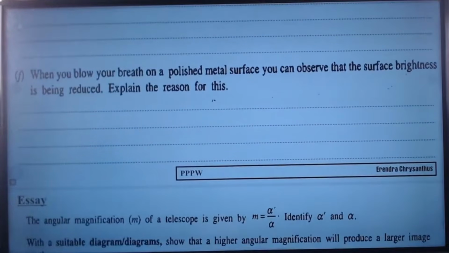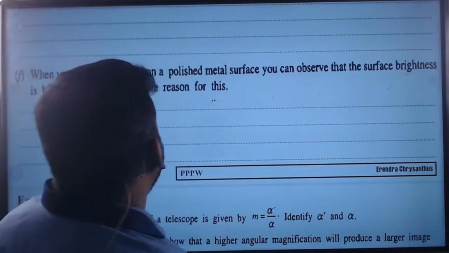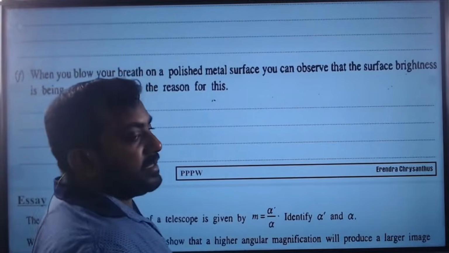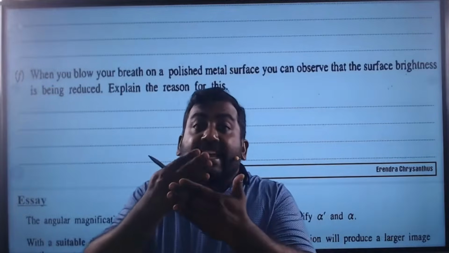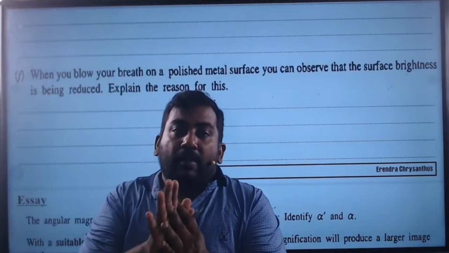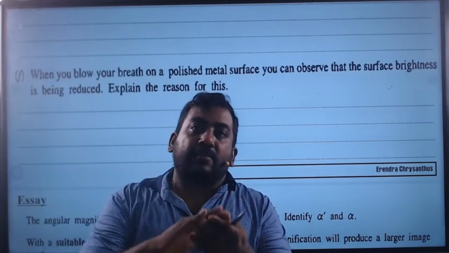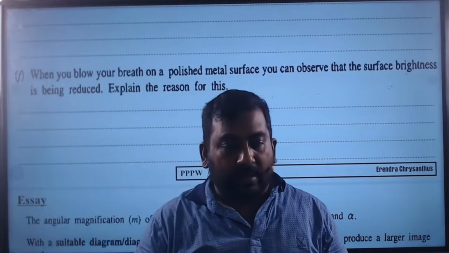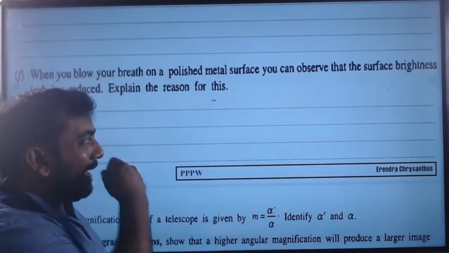When you blow your breath on a polished metal surface, you can observe the surface brightness will reduce. Explain the reason. Why? Exhaled air has water vapor.